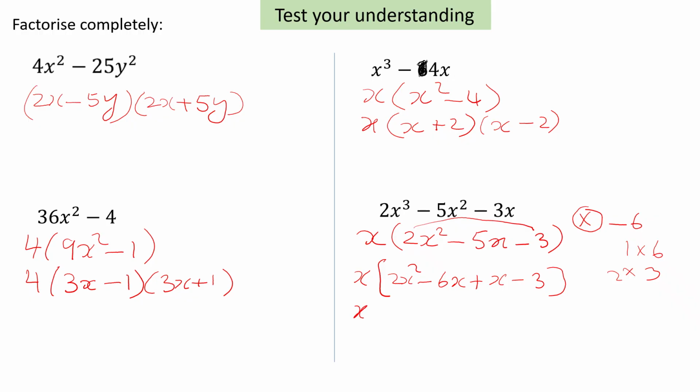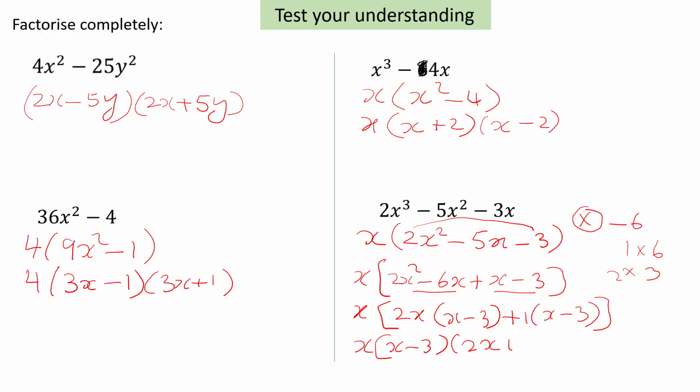Again, I'm going to explain this. 2x bracket (x minus 3) plus 1 (x minus 3). And again, (x minus 3) times (2x plus 1).